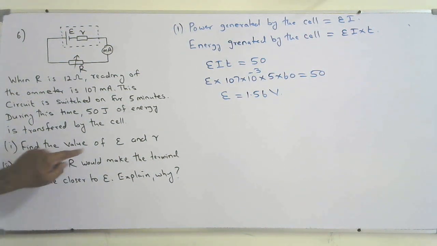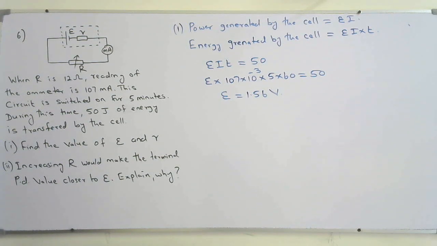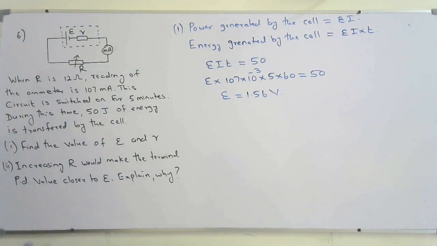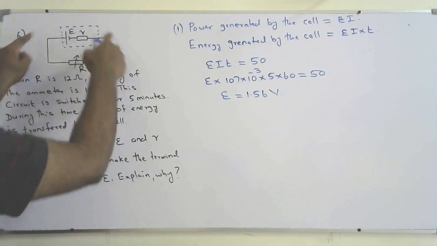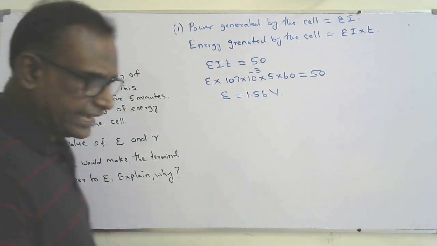Okay, so the next part of the same question, find the internal resistance r. I can find it in different ways. I can find the voltage across capital R by using V equal IR, that is the terminal potential difference. So different methods I can follow.